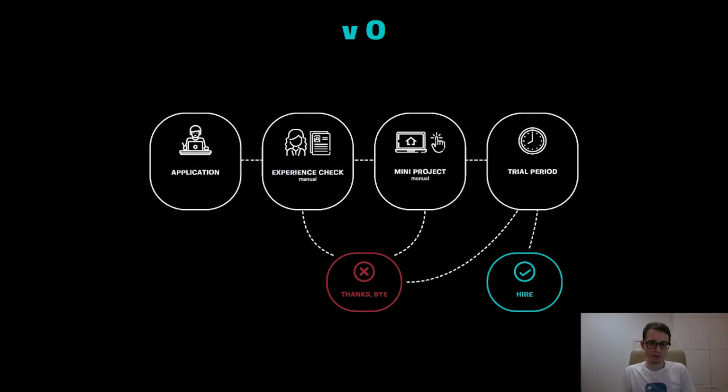In the first version of the recruitment process, which we call V0 for some reason, engineers like to start arrays with zeros. We had an applicant sending their CV or their email address, and then we had a virtual assistant. We checked the experience of the person, whether they had at least 4 years of experience or not.